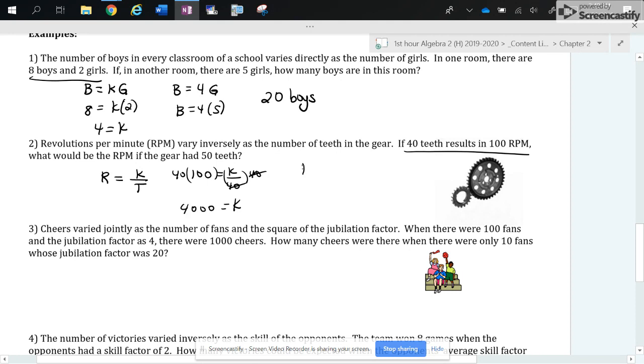So my equation is that the revolutions per minute is equal to 4,000 divided by the number of teeth. So if now I want to know what would be the RPM if there were 50 teeth in the gear, 4,000 divided by 50 is 80.